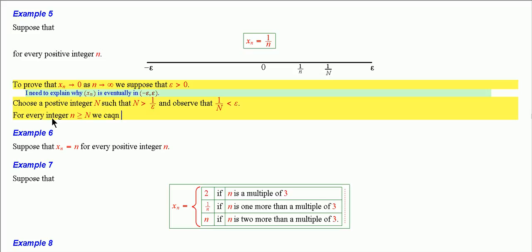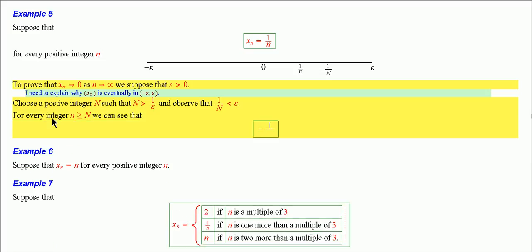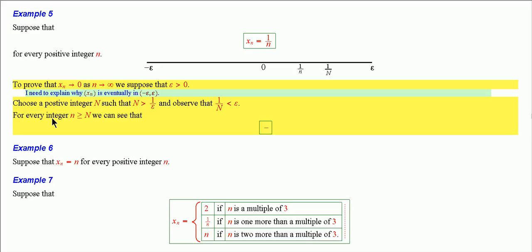we can see that minus epsilon is less than 0. Reasonable?